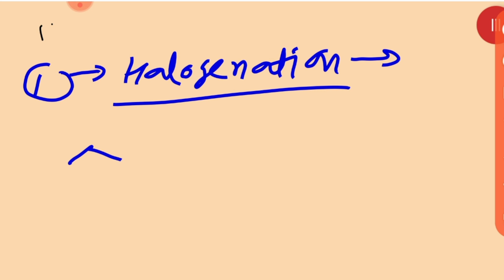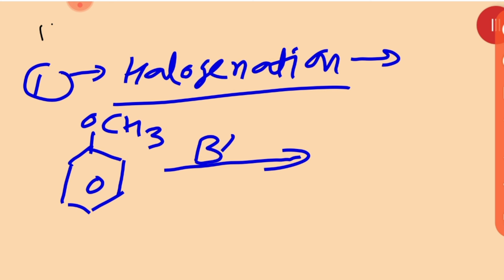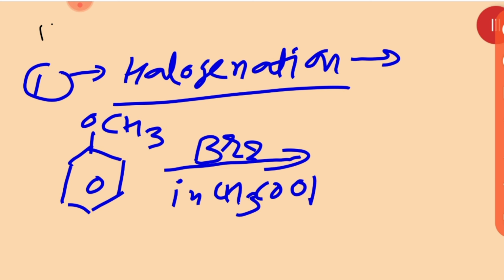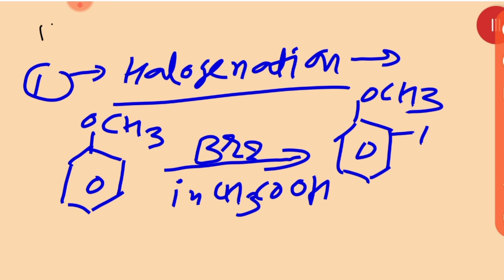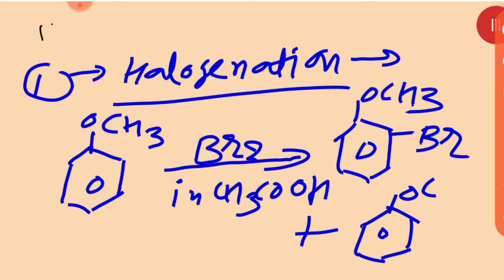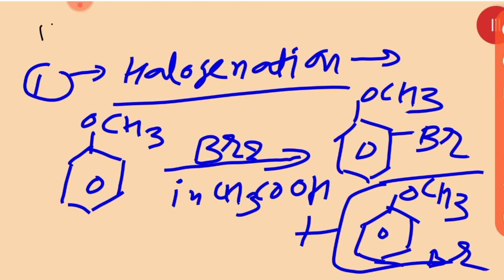Let this be the aromatic ether, usually called anisole, with Br2 in the presence of CH3COOH. What are we getting over there, beta? You must see OCH3, and Br can be at the ortho position or Br can be at the para position. Is that clear? And we know very well para is the major product.